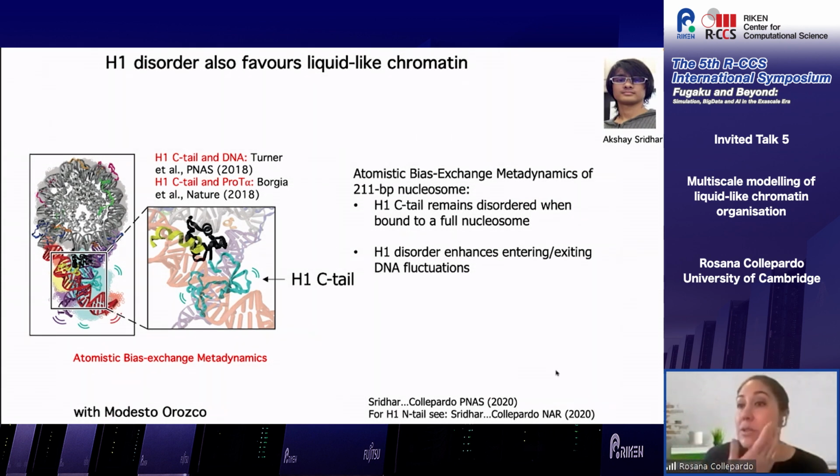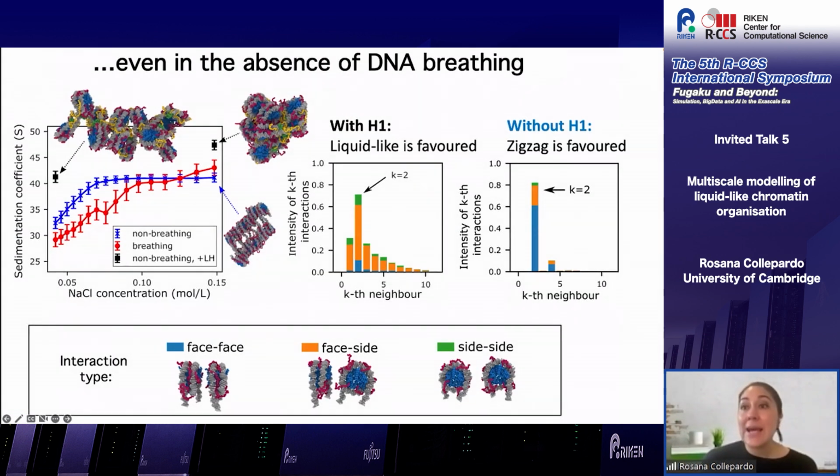Indeed, we did a study with a protein that is widely found in silent chromatin regions, which is the H1 protein. First, with atomistic simulations of nucleosomes with this protein bound, we did atomistic bias exchange metadynamics. We confirmed that the C-terminal tail of this protein actually remains disordered when the protein is bound to the chromatin. And then when we map this disorder into our coarse-grained models, we see that binding of this protein also gives rise to disordered liquid-like organization.